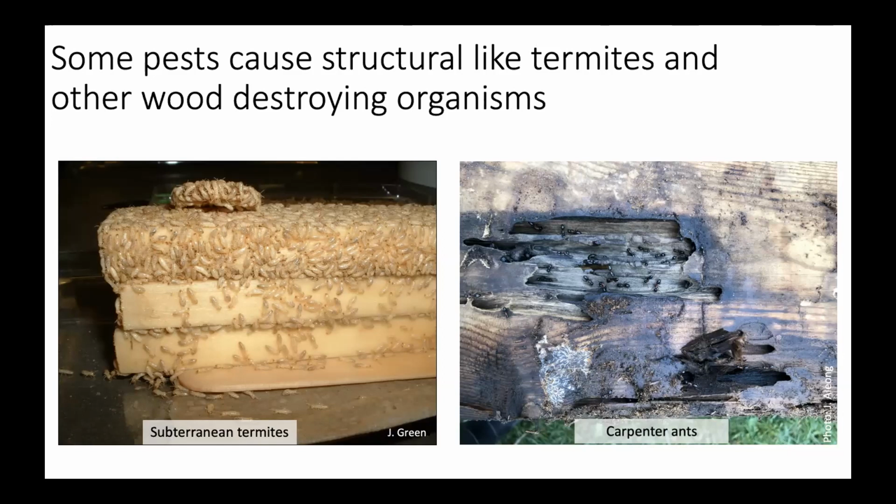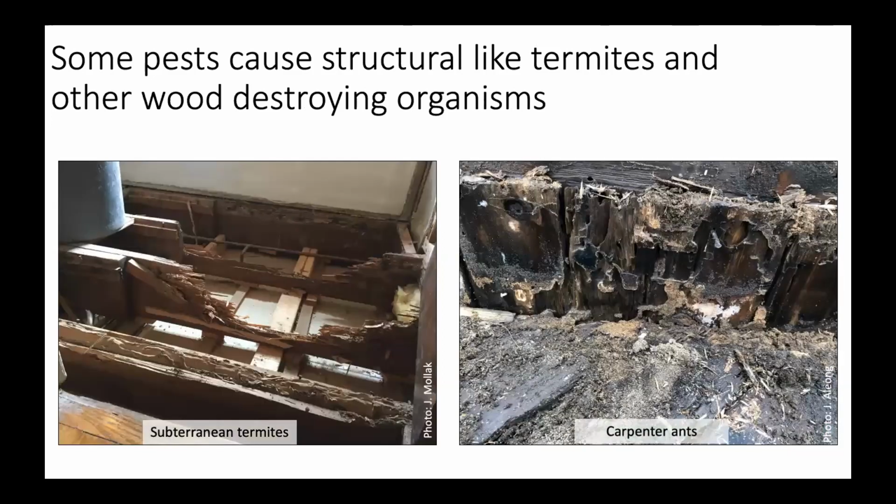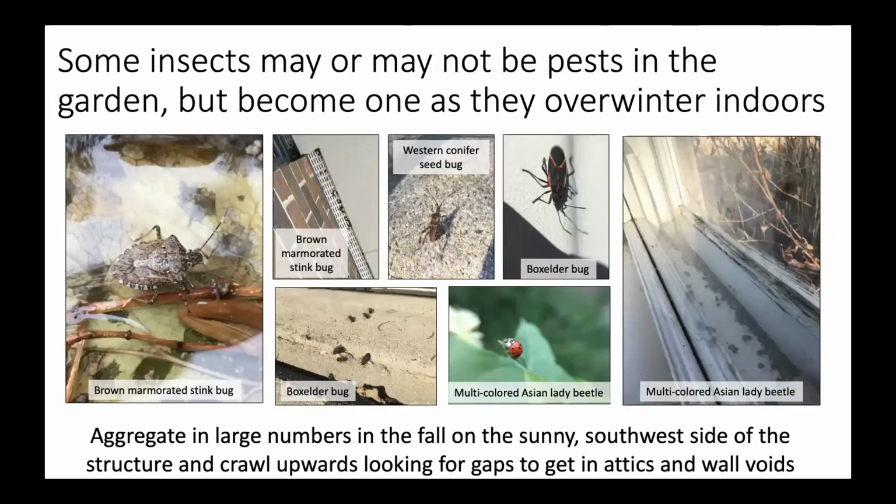That wood to soil contact is not very good, and over time it can cause a lot of damage depending on where this is happening. So this was a deck with the carpenter ants, and this is the inside of a home with subterranean termites. But this is definitely a pest.